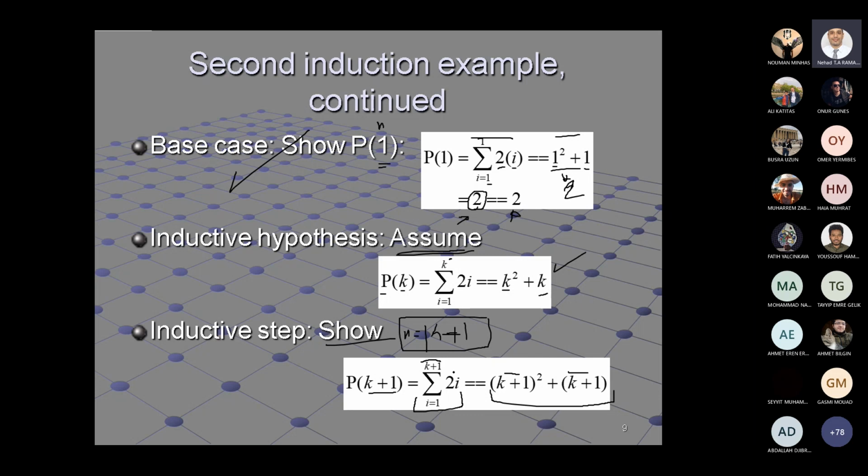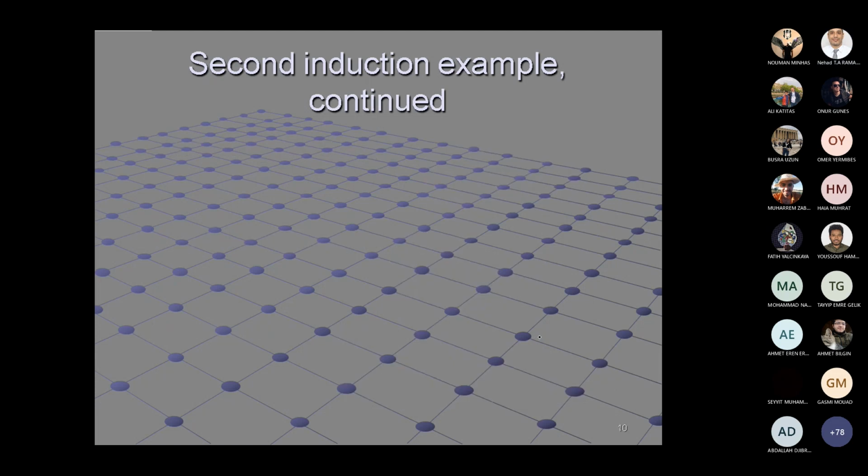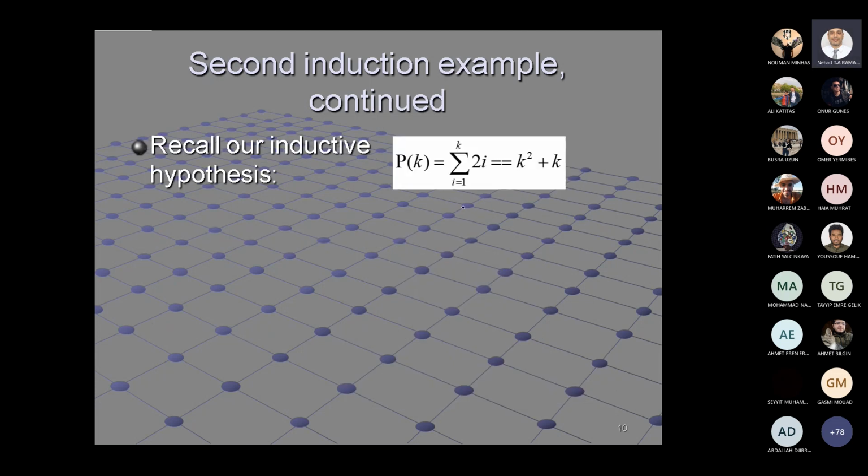Then you can take k from our assumption. We just remember the second step, which is the inductive hypothesis for k.